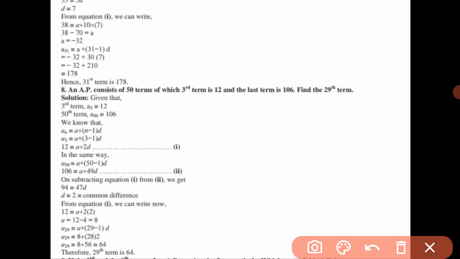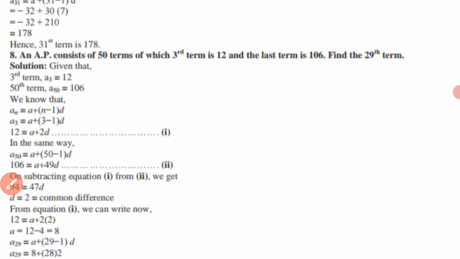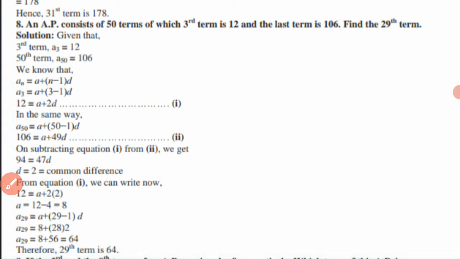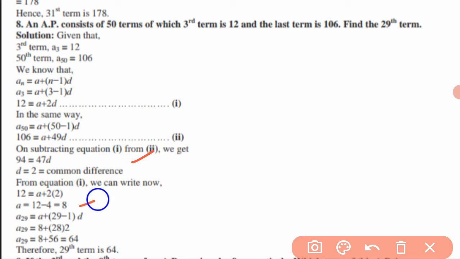With the help of these two equations, we can find the values of a and d. So the value of d will be 2 and the value of a will be 8.